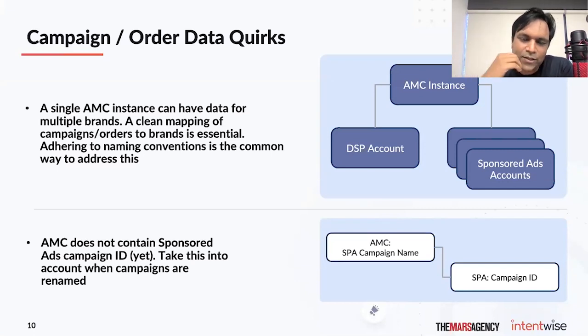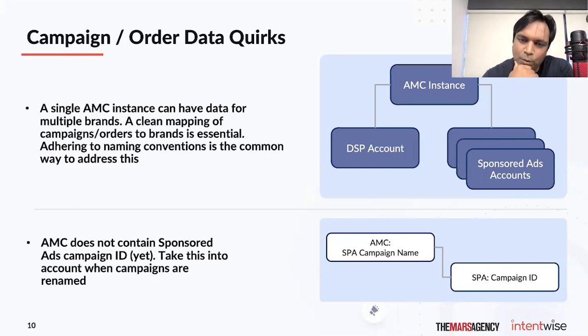And there's a desire to look at data by brand, and there could be multiple brands. And frankly, there could be multiple brands even when you have one DSP and one sponsored ads account. So a clean mapping of campaign order to brand, or let's call it sub-brand, is super essential.